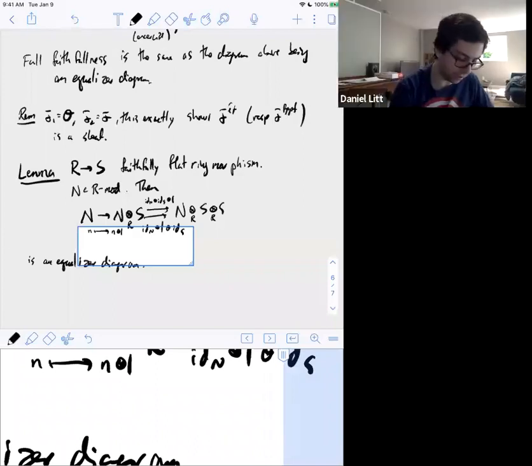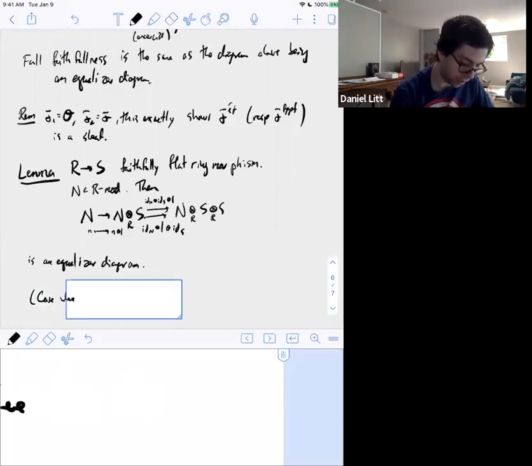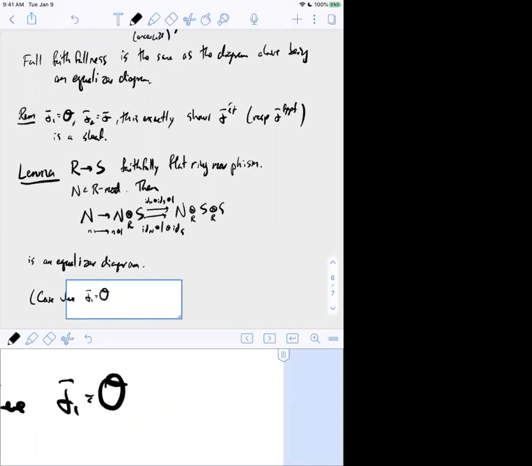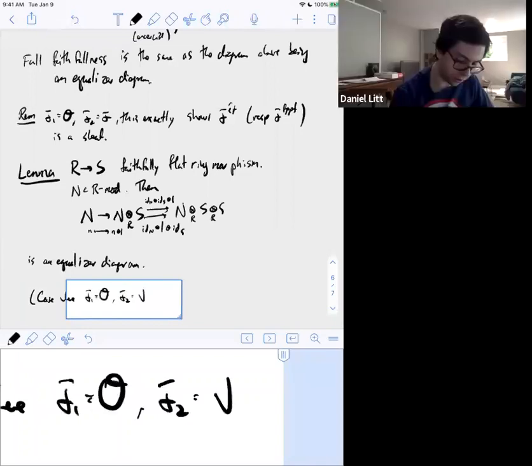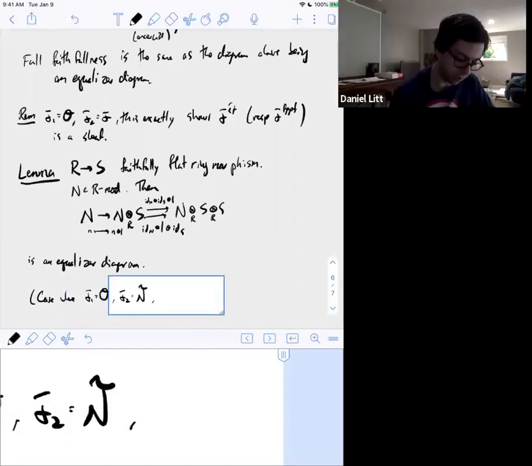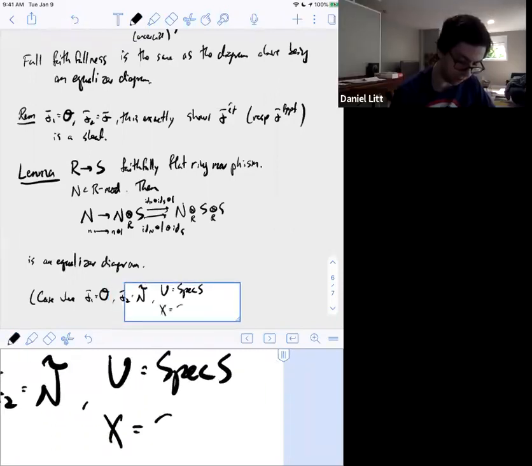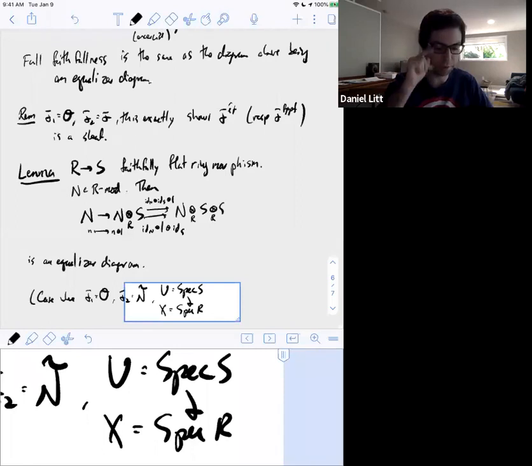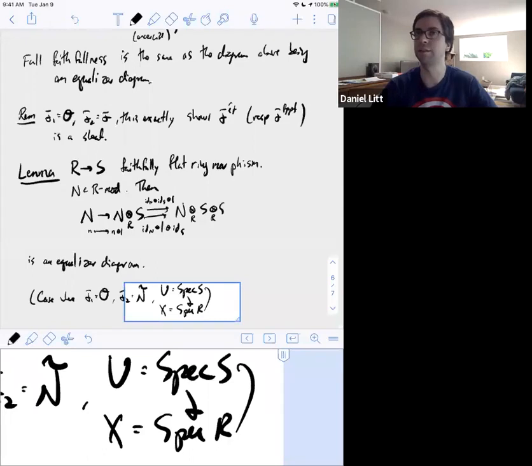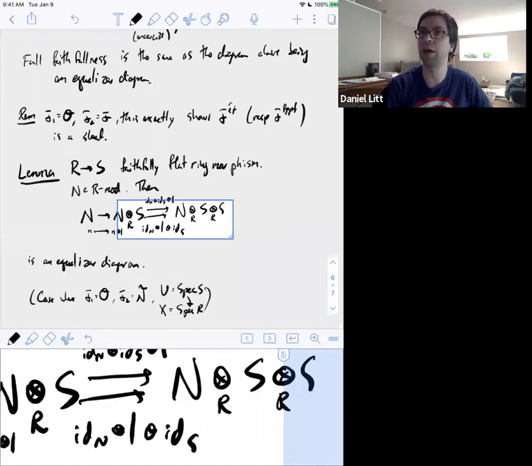Yes. This is the case where F1 is O, F2 is the quasi-coherent sheaf associated to N, which people sometimes write N tilde, and then U is Spec S, X is Spec R, and the morphism is induced by the map from R to S. So this is precisely this case, and you should check that these are the maps, that this is how in terms of rings and modules we write down the maps.